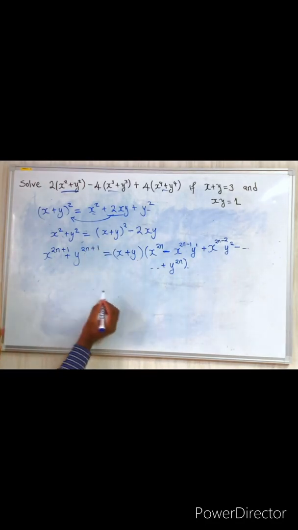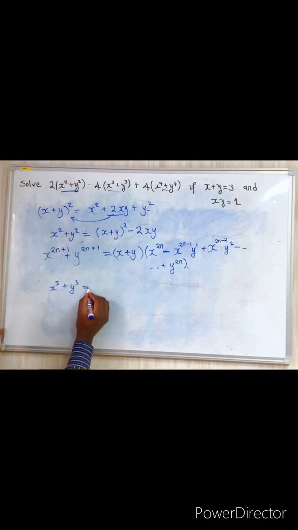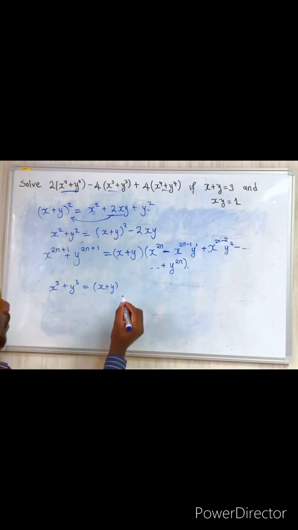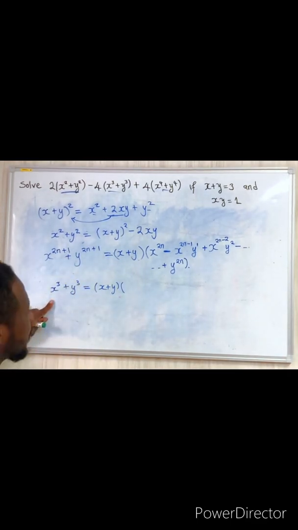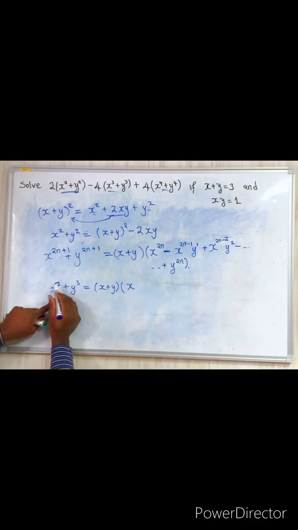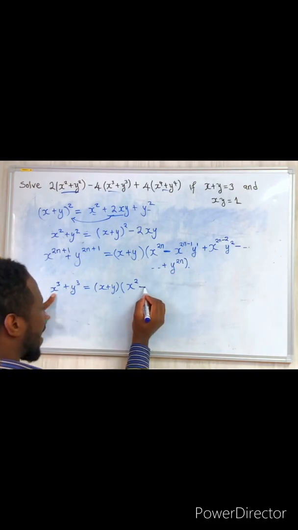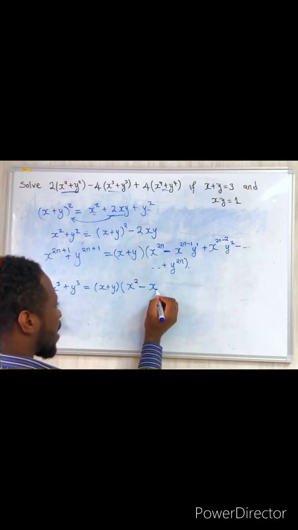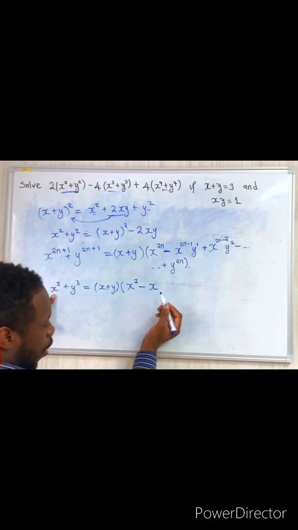So in our case where we have x³ + y³, this will give us, first part, (x + y) multiply. Now since here the plus 1, we just remove the 1 so that we remain with the 2n, so this will be x. If we remove the 1 from the 3, we shall just have x². What comes next is minus x, then 2n − 1: from 2 we remove 1, we just remain with x to the power 1.